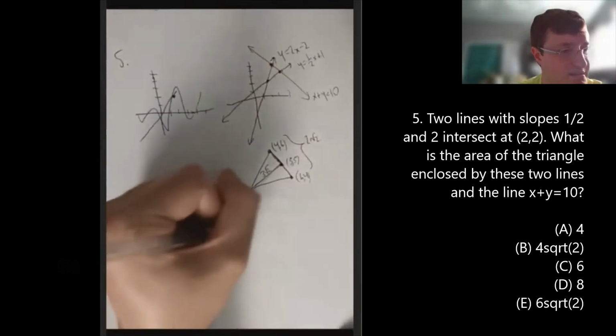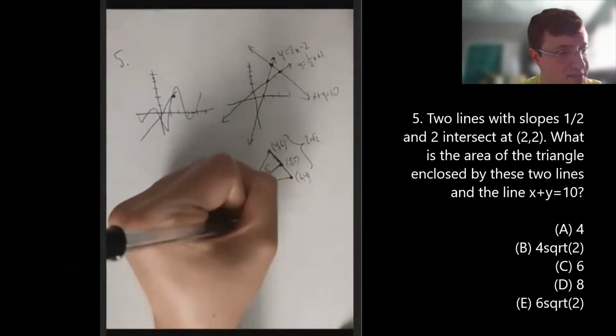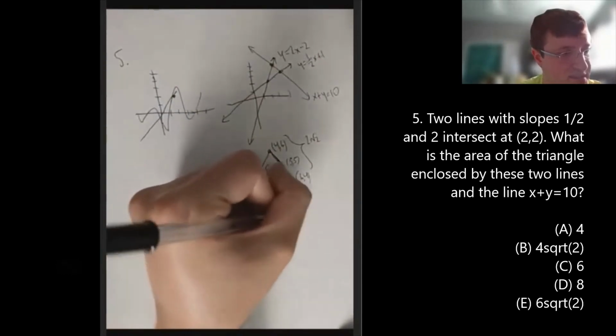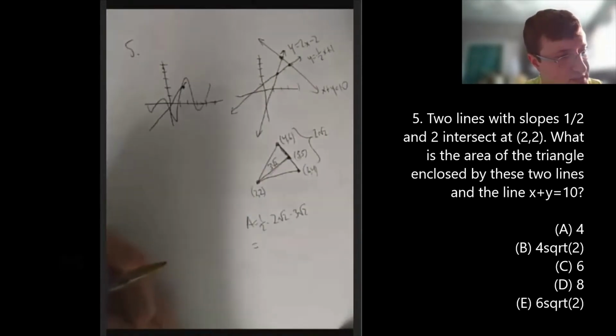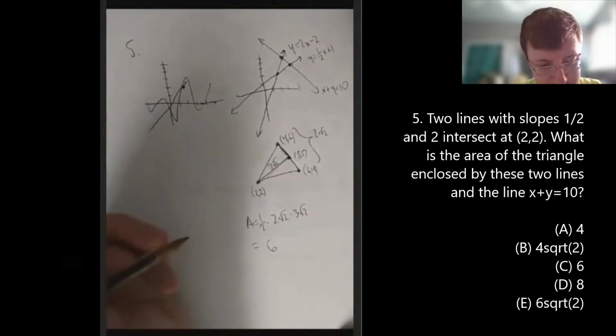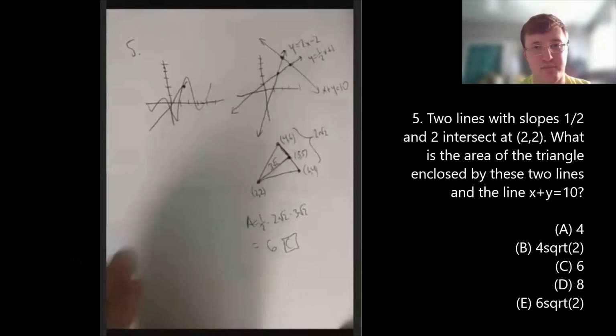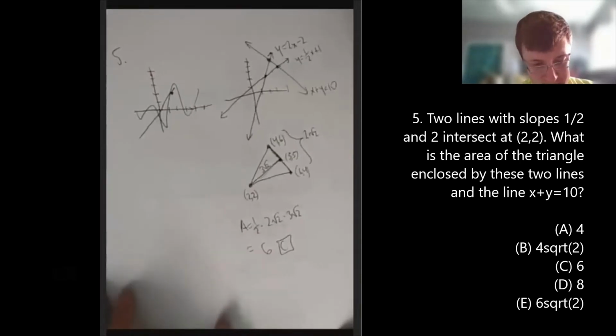So the area is 1/2 times base times height. Okay, so that's 6 times 2 over 2, so that's 6. Okay, and that's C. All right.